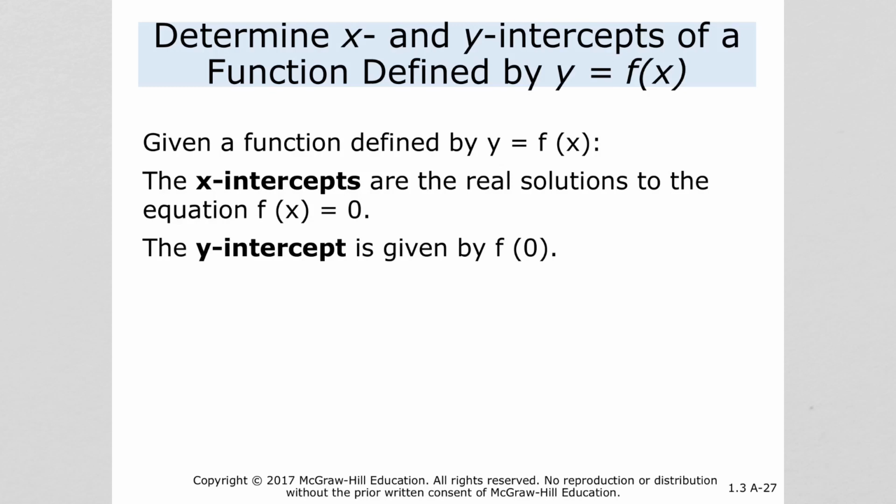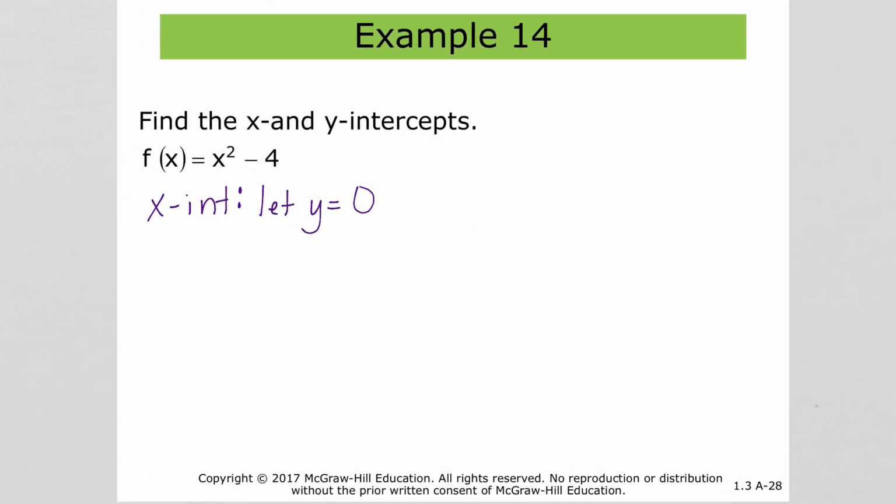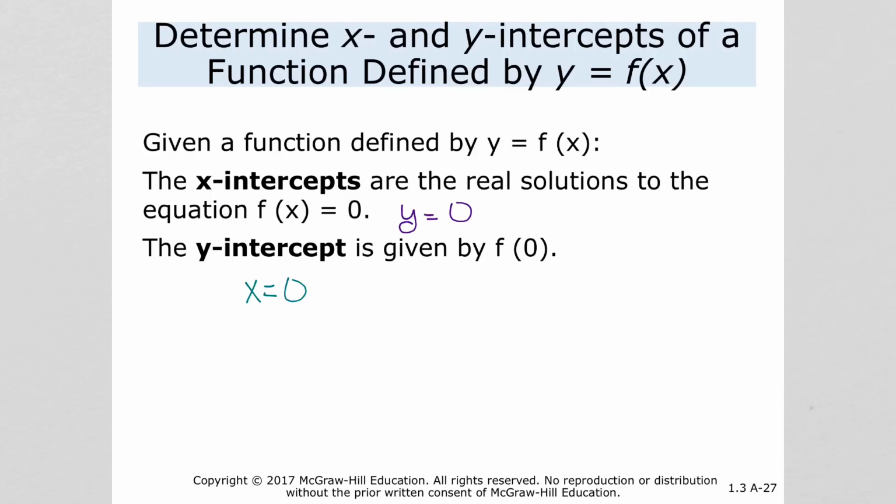Determine the x and y intercepts. So if you have an x-intercept, that is where y equals 0. If you have a y-intercept, that is where x equals 0. To find an x-intercept, we let y be 0, because it's where we're crossing the x-axis.